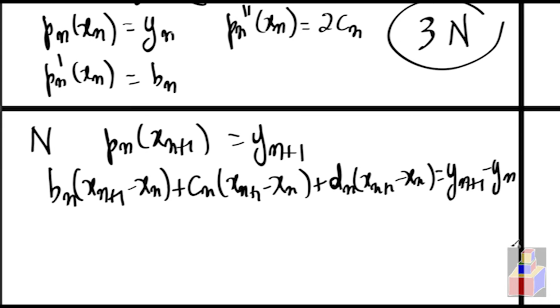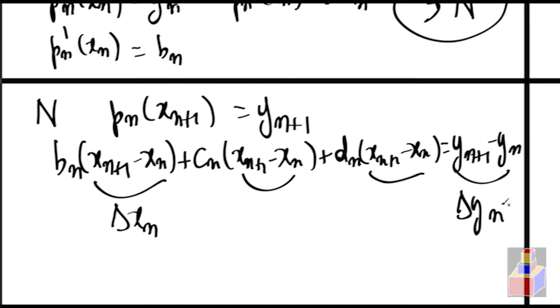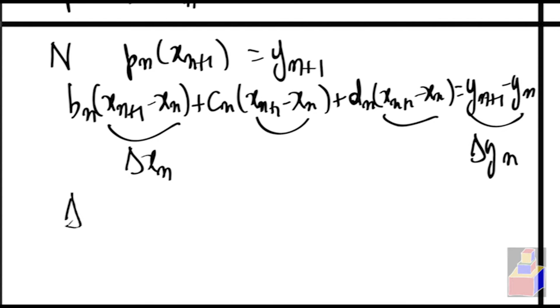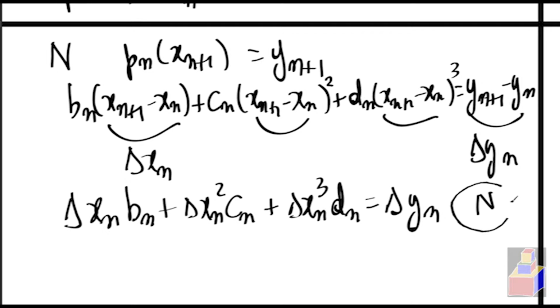This can be written in this way. Let's call this delta xn, same value here, and let's call this delta yn. So you're going to have delta xn times bn plus delta xn squared times cn plus delta xn cubed times dn equals delta yn. So we have here n equations in this way.